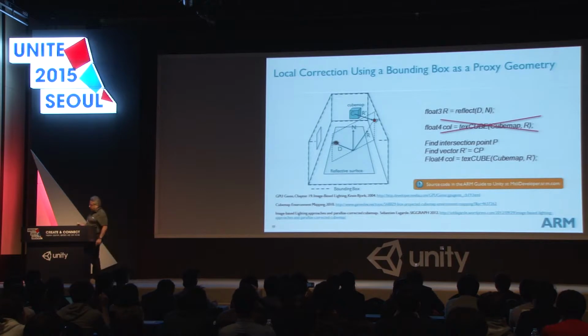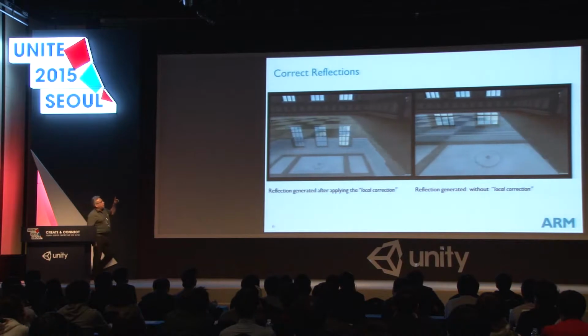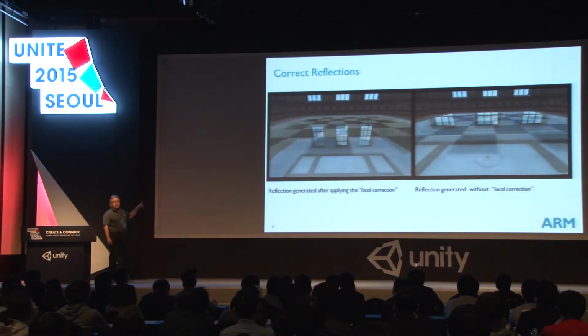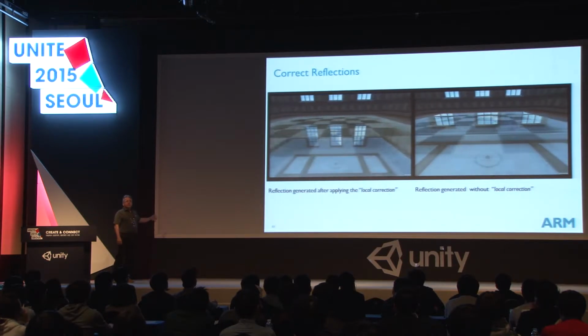I will show you in this short video from the small demo we prepared for this meeting. And you will also be able to see that demo working, and you can play with it at our booth in the exposition floor. So at the left, we can see the reflections when applying the local correction that I just explained.